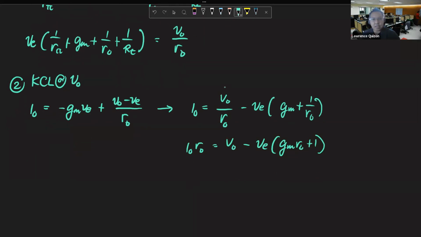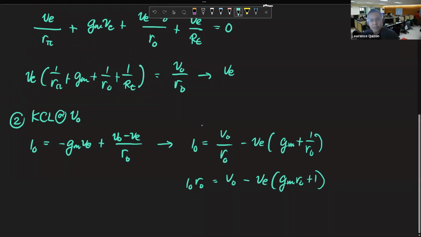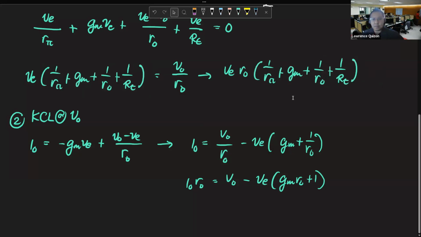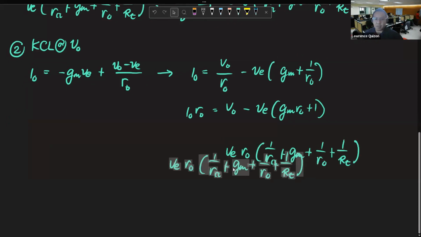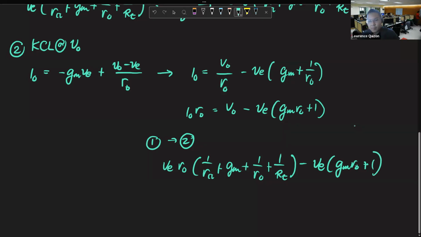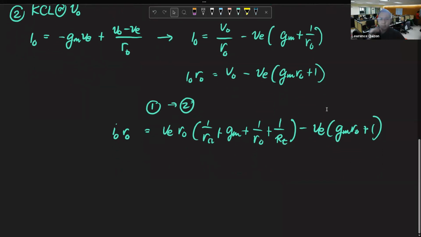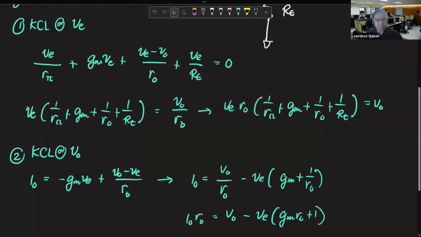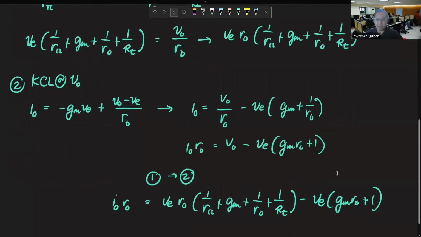So what we'll do is VE times R out times this is equal to V out. And then we're just gonna copy paste this down here. So we substitute 1 into 2. We get this. Sorry, it's the other way around. This should have been the one we put on the other side.